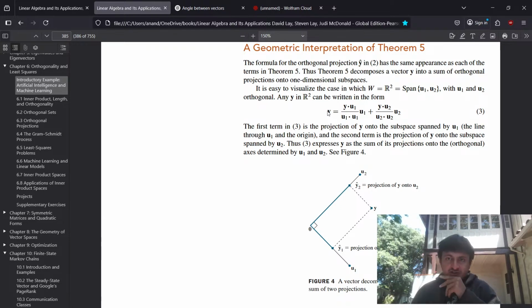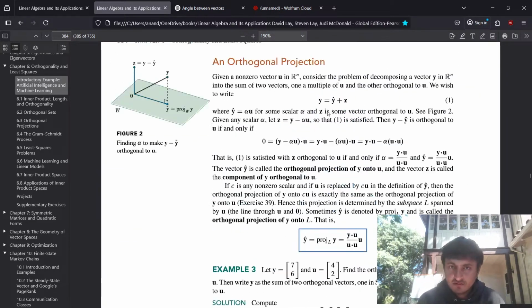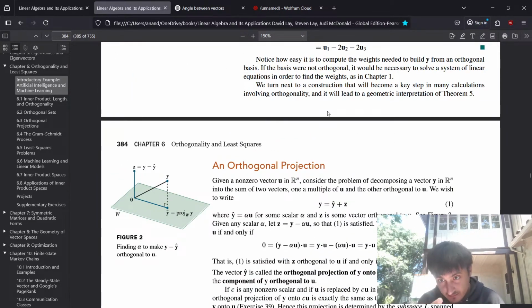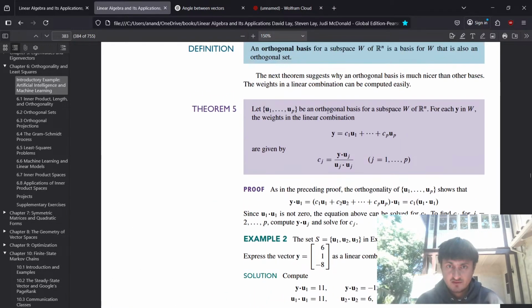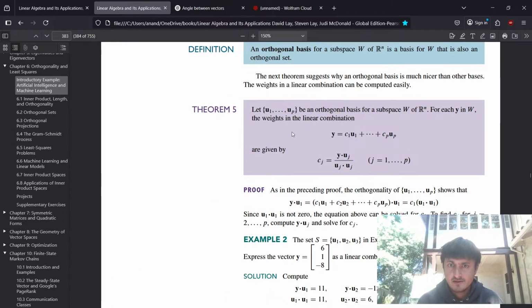A geometric interpret. Wait, what is theorem 5? Theorem 5 is... okay.